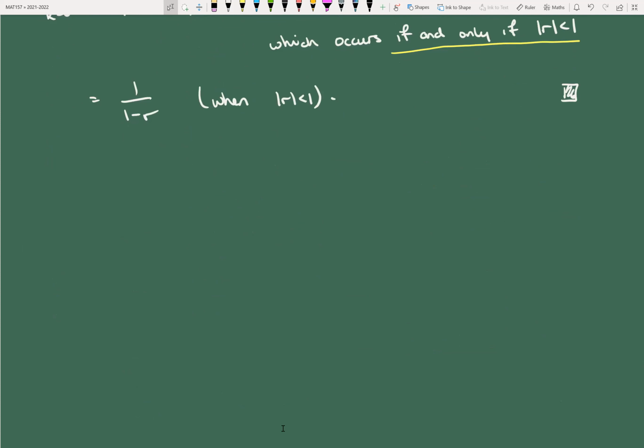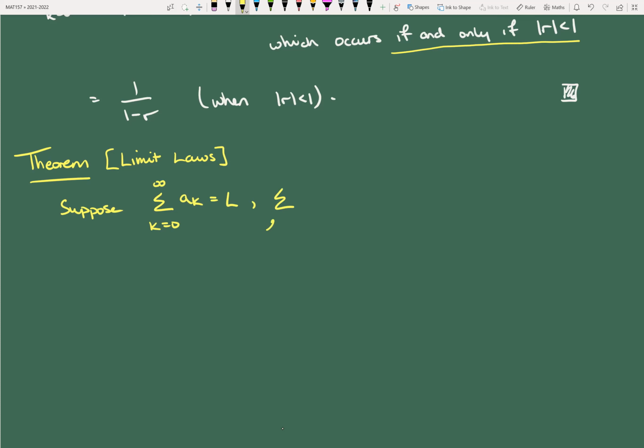Okay, so let's see. The first thing is your basic limit laws. So let's state the following theorem. And maybe I'll prove one really quickly, just to give you an idea of how they work. So it goes like this. Suppose the sum from k equals 0 to infinity of a_k equals L, and the sum from, should I use a different index?